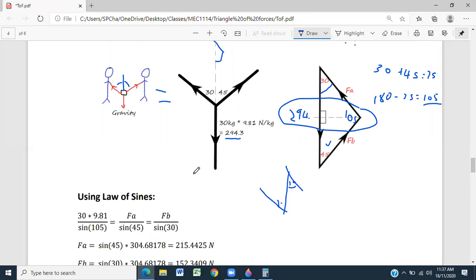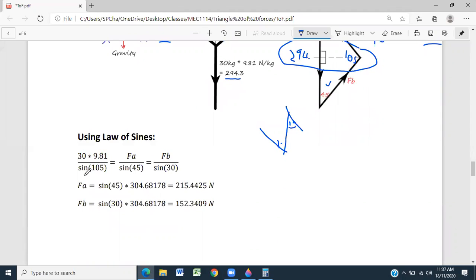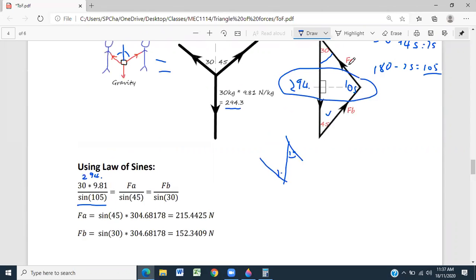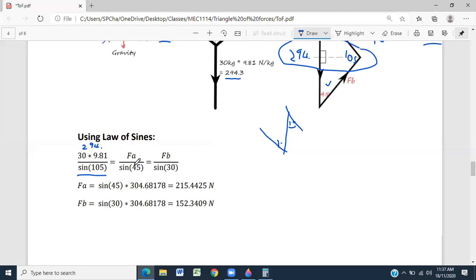Good. So we create sine of 105 over the 294.3 is equal to the FA over the sine 45, FA and FB. FA and FB, 30 and 45, and we set up our sine rule. Good, so we know FA we carry over.